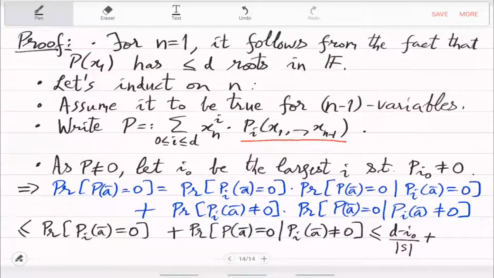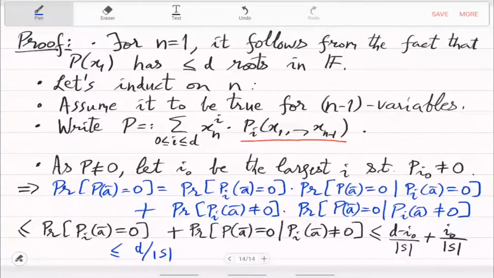Now, in the case when Pi did not vanish, so when you look at a1 to an minus 1, what will be the degree of this substituted P? It will be I0. Now, what is the chance that when you plug in an, it vanishes? Well, it's a univariate case, right? So you will get I0 divided by S, which is less than or equal to d by S, right?